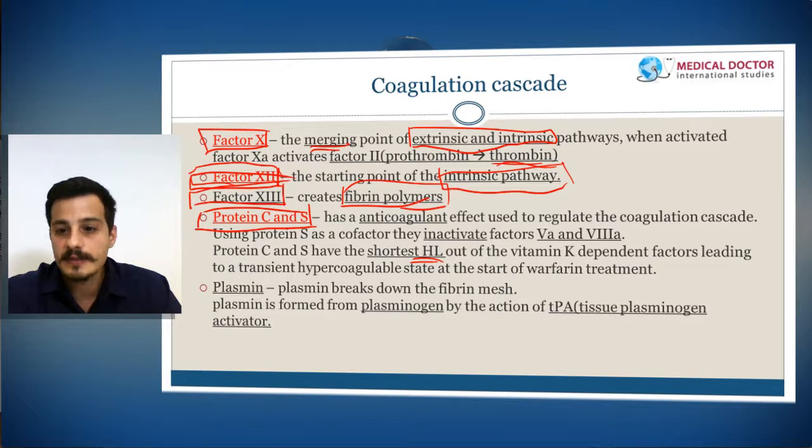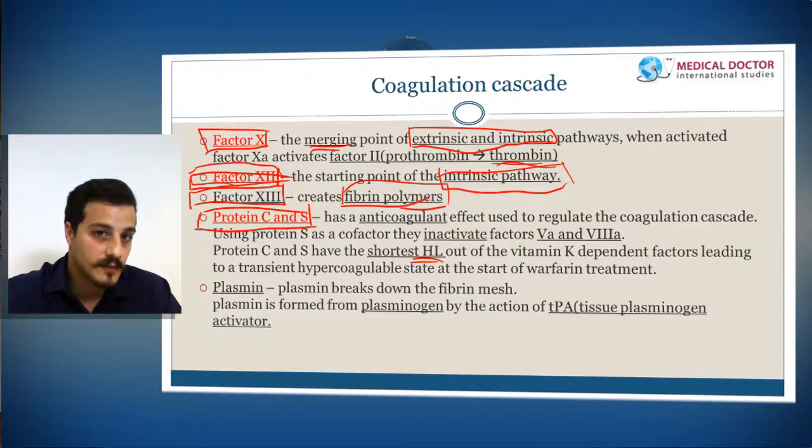This means that when we block the function of vitamin K, one of the first factors that is going to be inactivated, because there would be no more available vitamin K, would be protein C. Because it is deactivated before the other factors, which are procoagulant, the initiation of treatment with vitamin K inhibiting drugs would lead to a transient hypercoagulability in the beginning of treatment.